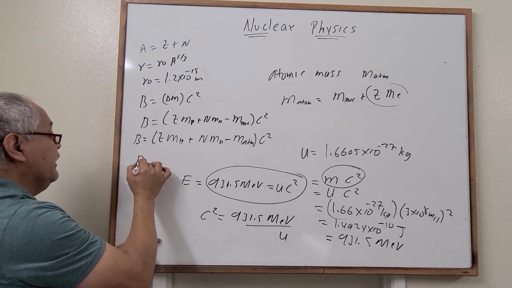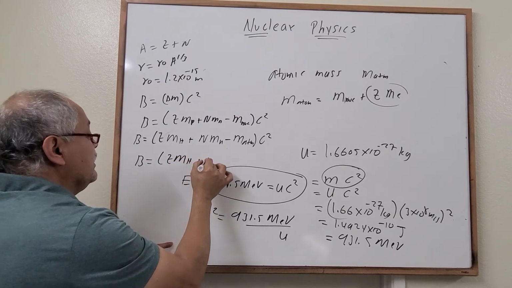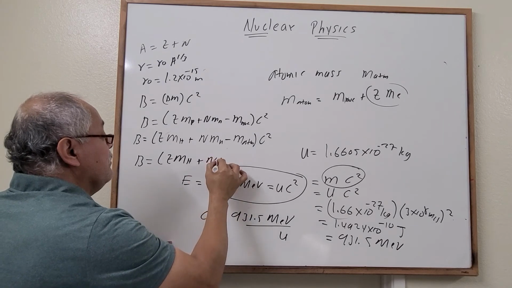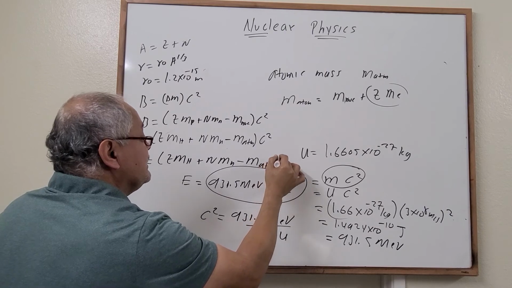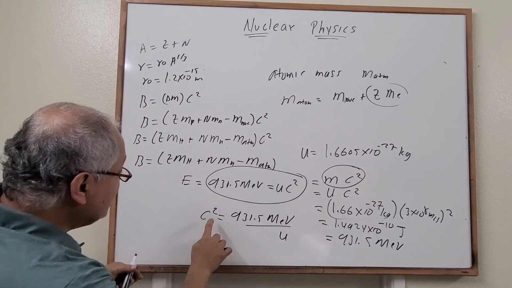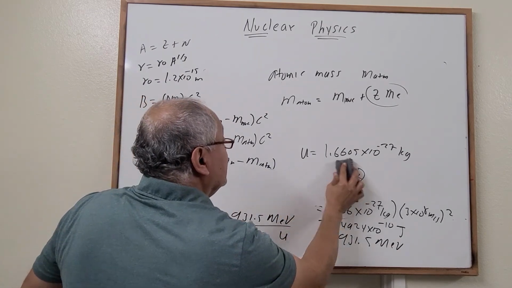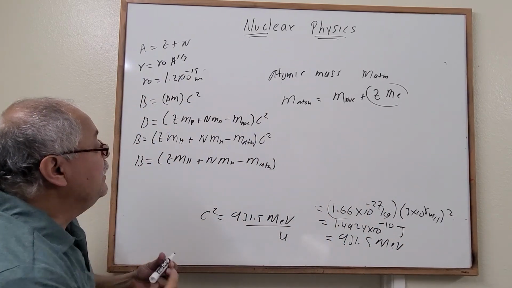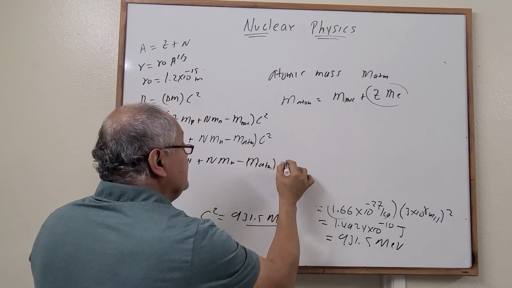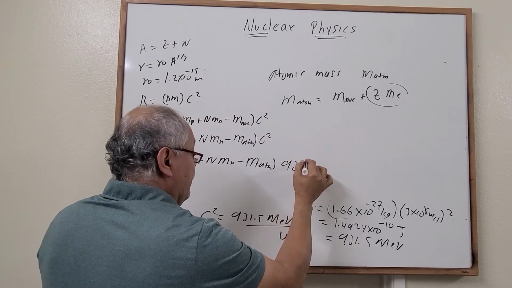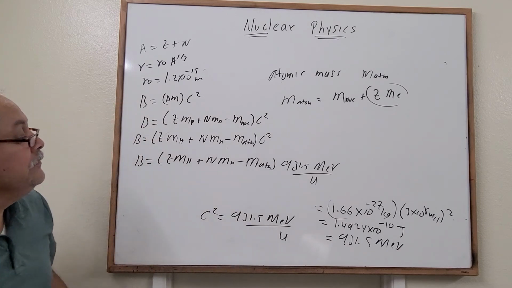We have that the binding energy is equal to Z times the mass of hydrogen, plus the number of neutrons times the mass of each neutron, minus the mass of the atom, correct, times 931.5 mega electron volts per atomic mass unit.